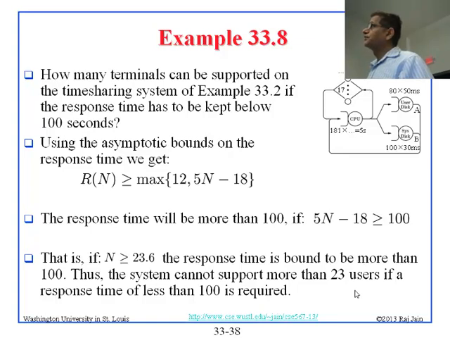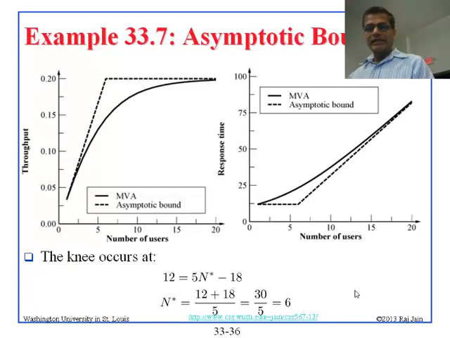So this gives you, again, an approximate number: if more than 23 users come in, then the response time will be more than 100. Basically in this graph, you just go to 100 here, and you are reading the number 23.